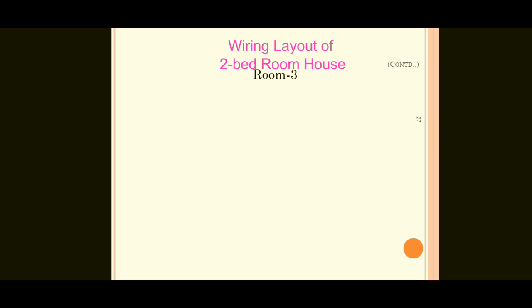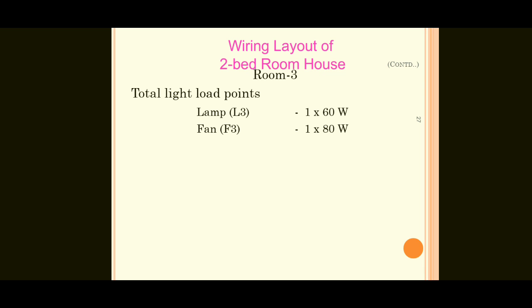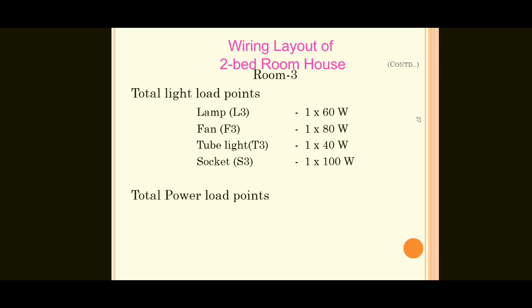Similarly, for room 3, total light load points 60 watts, fan 80 watts, tube light 40 watts, socket 100 watts. Total power load points: 2 power sockets are present, P3 and P4, 2 into 1000, 2000 watts, meaning each socket 1000 watts. For 5 amps it is 100 watts, for 15 amps it is 1000 watts.